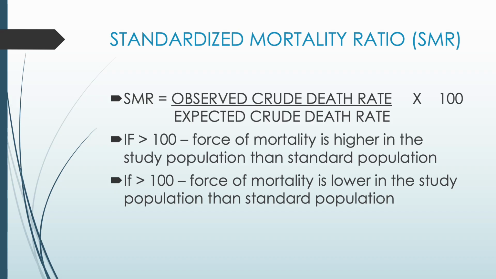The SMR is generally multiplied by 100, with the standard population having a value of 100. If the SMR is greater than 100, the force of mortality is higher in the study population than in the standard population. If the SMR is less than 100, the force of mortality is lower in the study population than in the standard population.